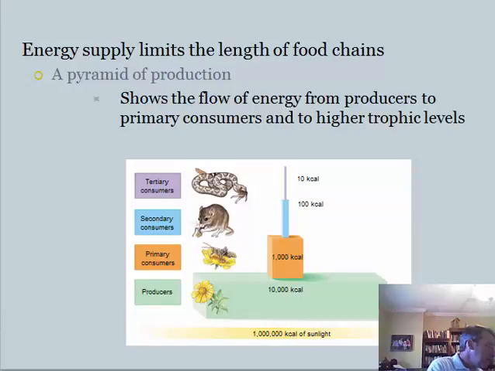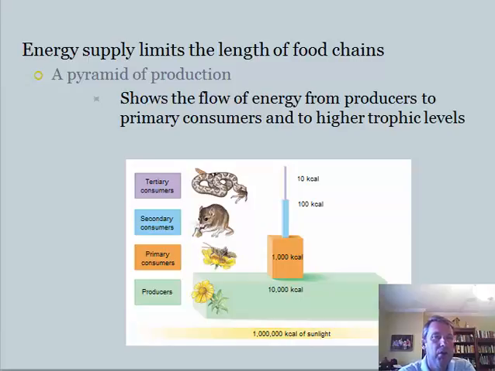Okay, next in the outline we talk about the development of these communities. These communities develop in a stage-like fashion, and the development of a community is called succession.